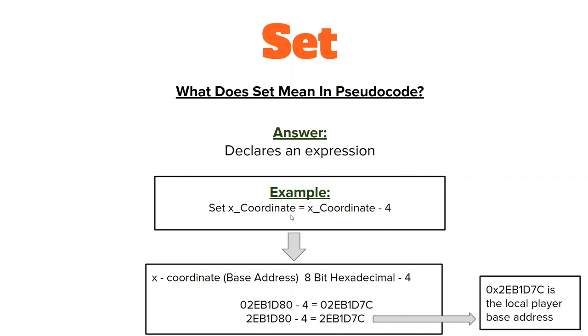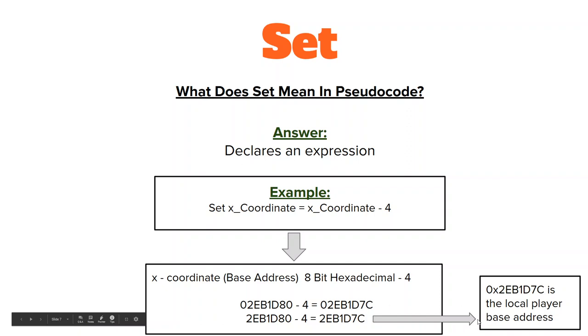The information that we inputted for our x coordinate is now going to be subtracted by 4. Our x coordinate's base address is an 8-digit hexadecimal, and we're subtracting 4 from it. So your base address minus 4 equals your new address.